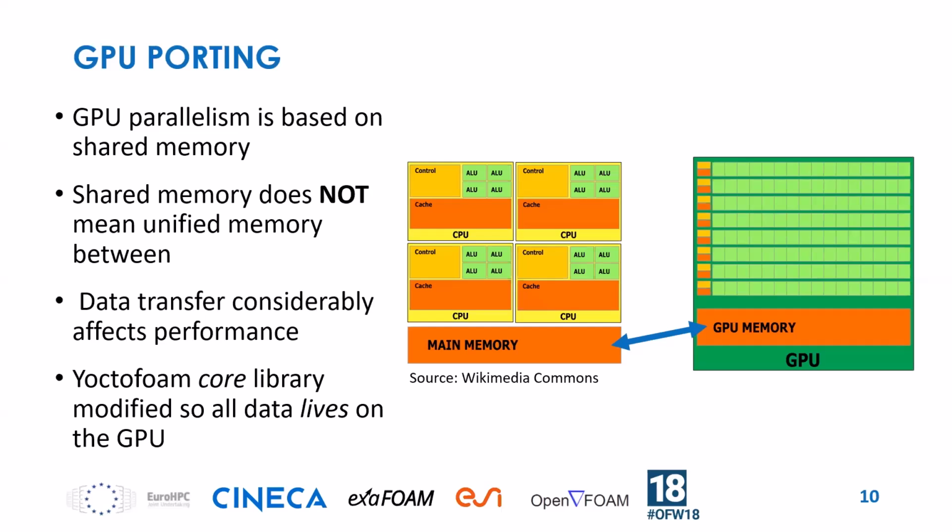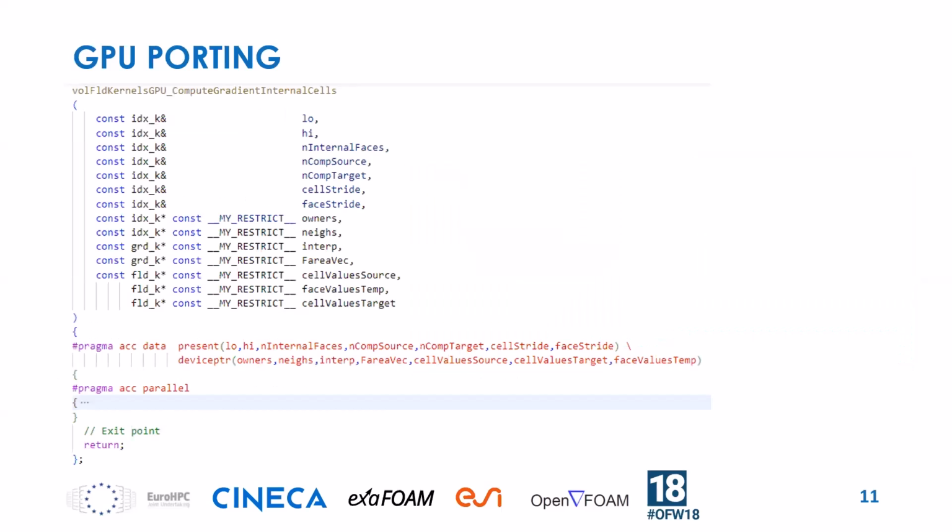In YoctoFOAM, what we did, we simply created copies of all the data structures in the core library to the GPU. And once they are there, they can just be left there, live there, and be operated on there without any exchange between the main memory and the GPU memory, except for a few values like residuals in order to do flow control, decide when to interrupt iterations, etc.